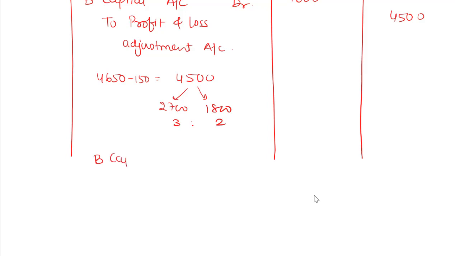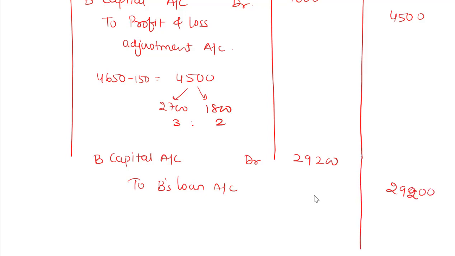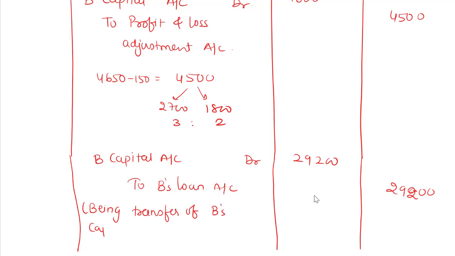So B's capital account debit 29,200 to B's loan account 29,200, being transfer of B's capital account to his loan account.